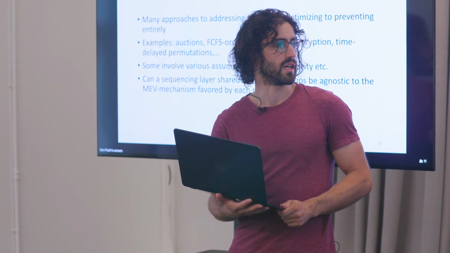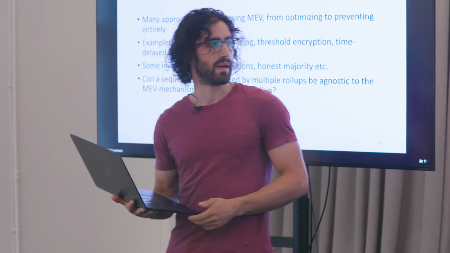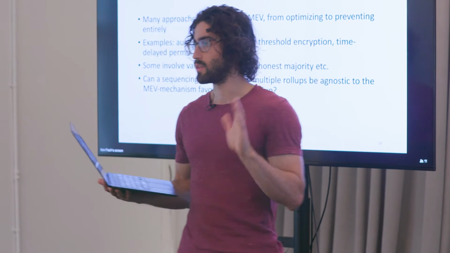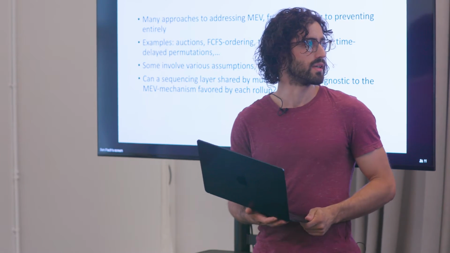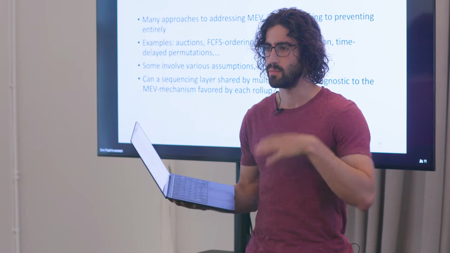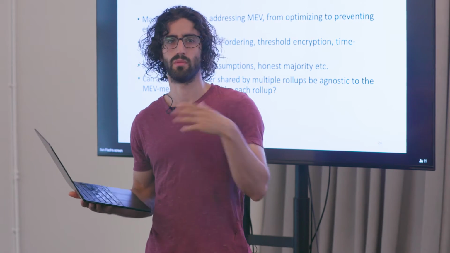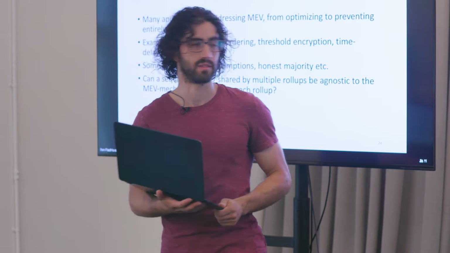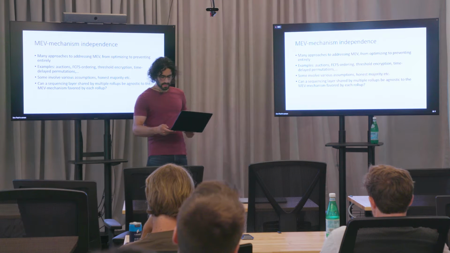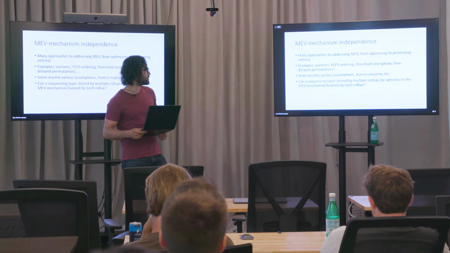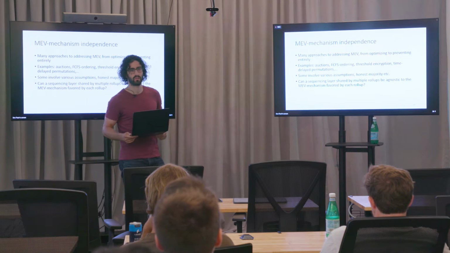Some favor some content oblivious policy. Some may favor a random ordering policy, who knows, right? The question here is to what degree can a shared sequencing layer be agnostic to these different approaches and simultaneously support rollups that can choose their own ordering policies? And also caveats of that, right? If we did have a sequencing layer which does that, what are the trade-offs?